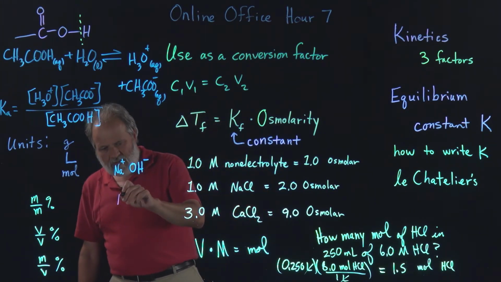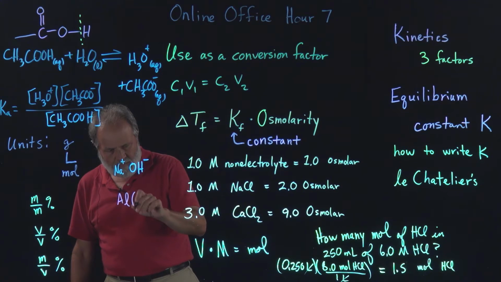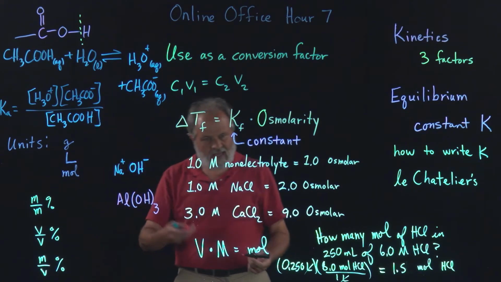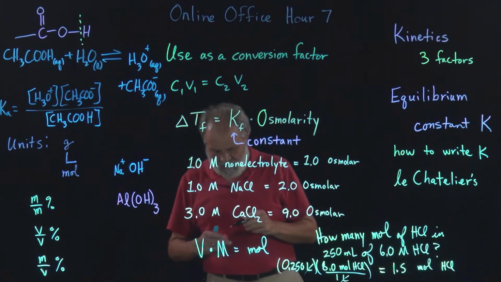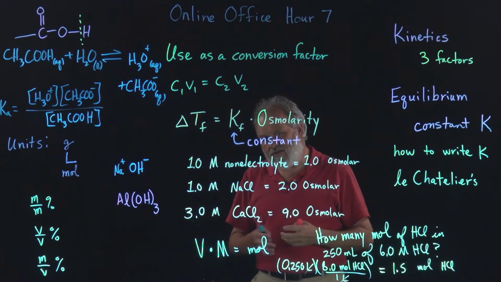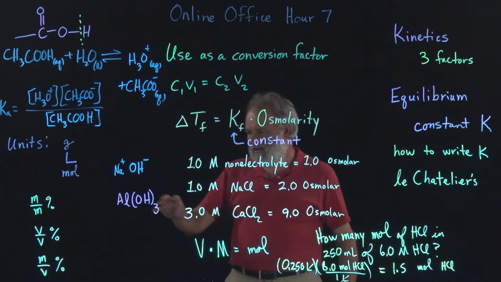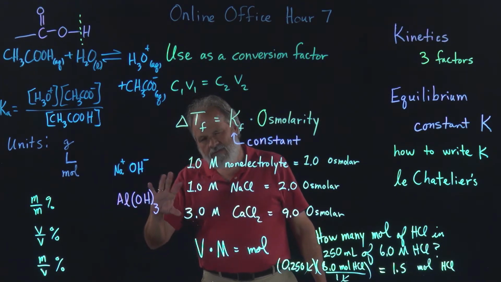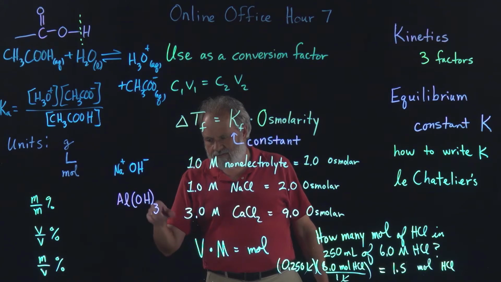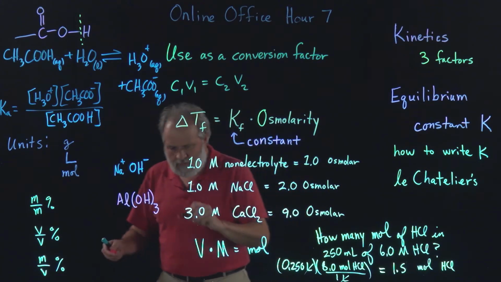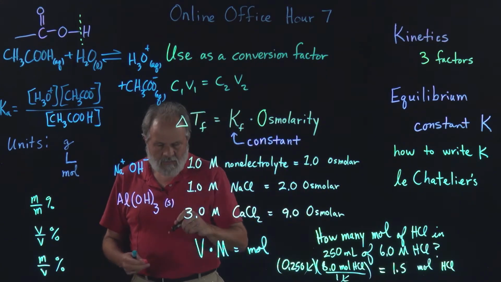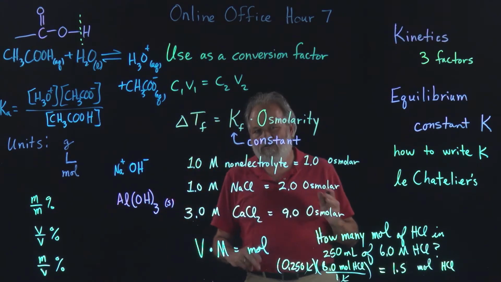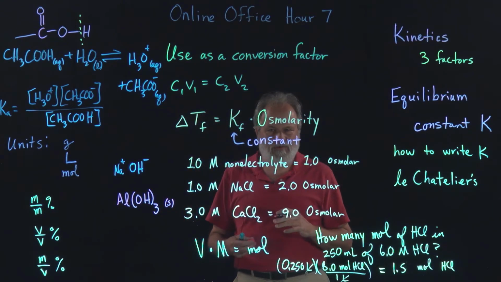Whereas aluminum hydroxide, it's made from hydroxide, but it won't dissolve in water. And so that's why you need to know the solubility rules. So yes, this would be a base, but it won't dissolve in water. So it'll only react with acid as a solid. So you do need to be able to recognize if you have a hydroxide, if it's soluble or not, based on the solubility rules.